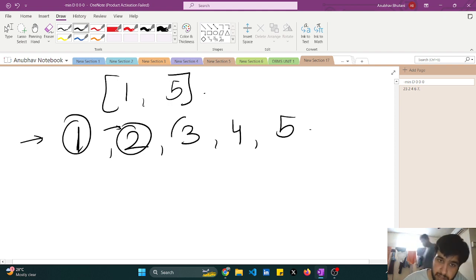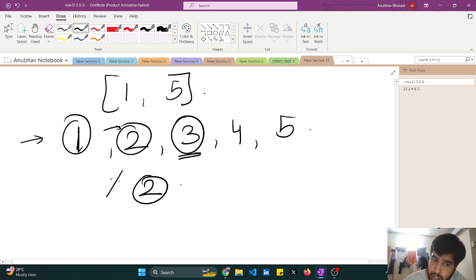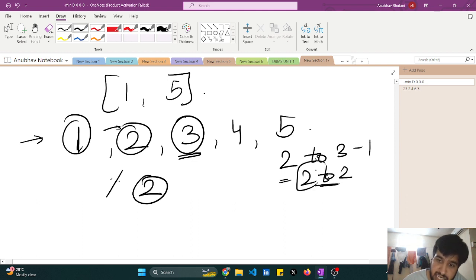For 3, I'll check whether it is divisible by 2 or not. I'll check from 2 to 3 minus 1, that is 2 to 2, so I'll check only one condition. Is it divisible? No. So it is a prime number.